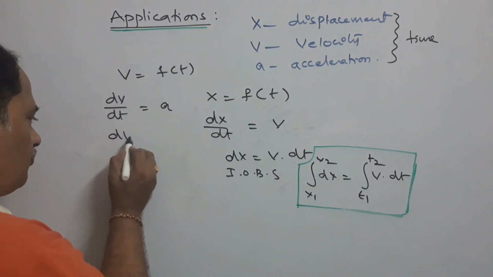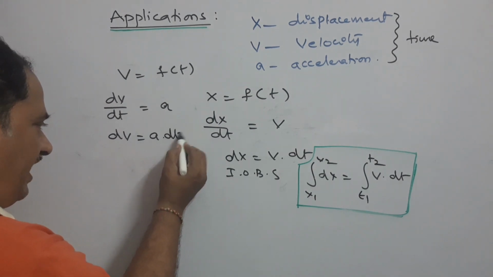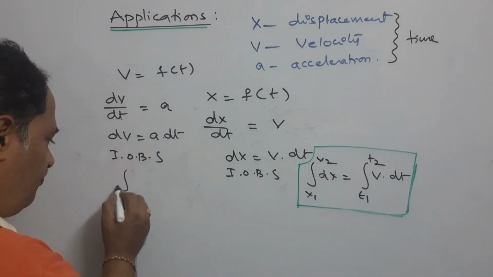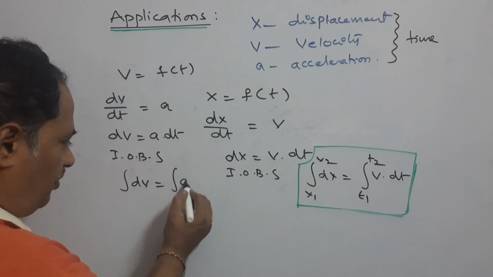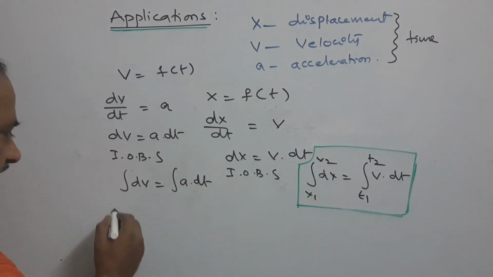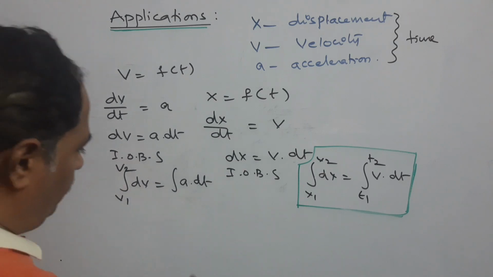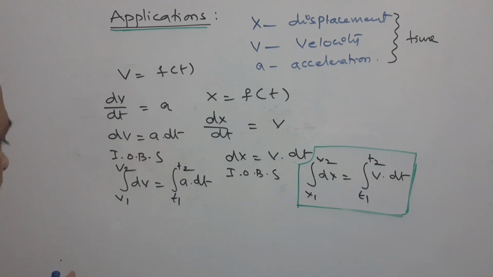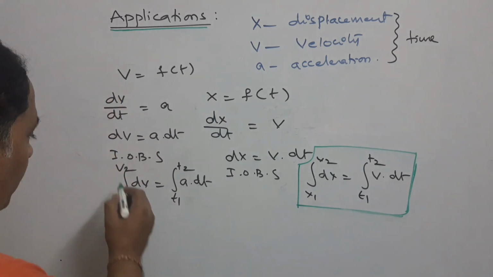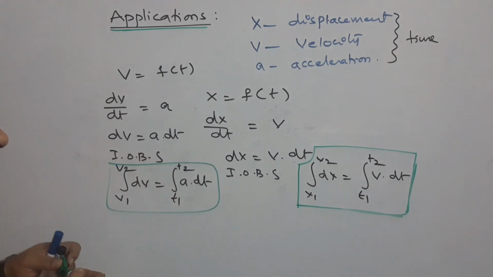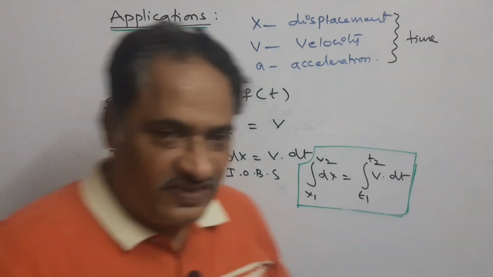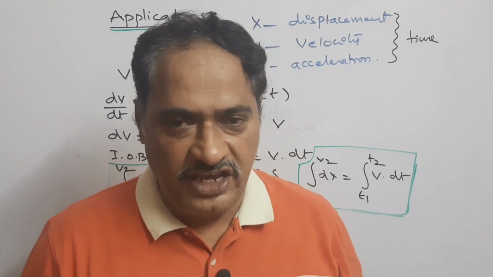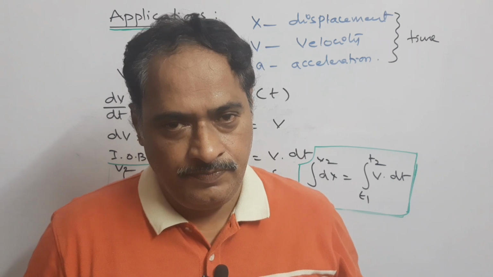For example, dv is equal to a dt, integration on both sides, then integral dv is equal to integral a dt. Here the limits you can take v1 to v2, here t1 to t2, then you are able to get velocity. Therefore, if you consider these equations, you have to consider whether we have to follow differentiation or integration.